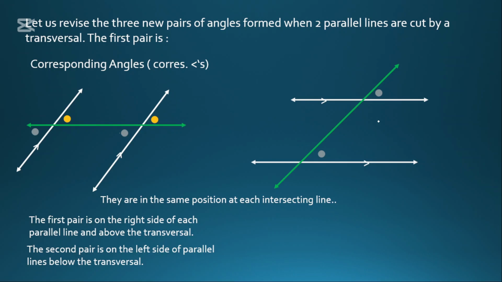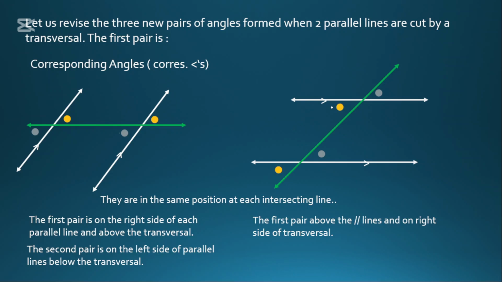We have another pair here. This time the transversal is over here and we have our parallel lines running in this direction. You see, one is now above and the other one is also above, but both on the right hand side of the transversal. Then we have another pair.